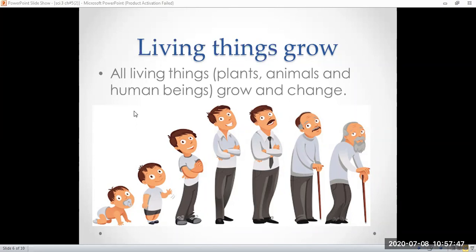Like animals also, you have seen animal babies, and afterward they become adults. Like in human beings, you were first born as a baby, and later on you are growing through all these stages. This shows the growth occurring in living things.